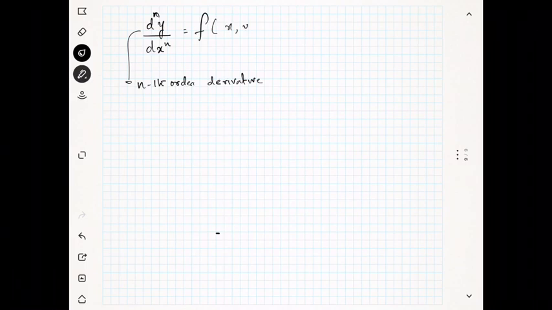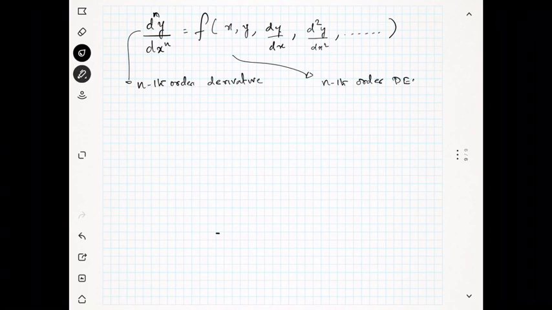It may be a function of x, y, dy by dx, d square y by dx square, and so on. So this is an nth order differential equation.